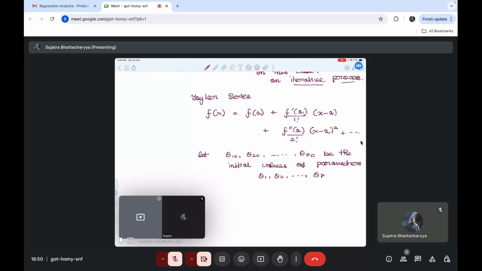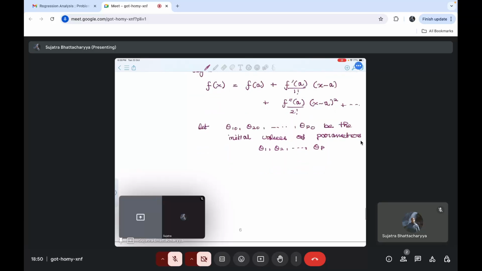Let us say that the initial values we know, or you can guess them. So the initial θ vector can be written like this: θ_1^0, θ_2^0, and so on. This is your vector.